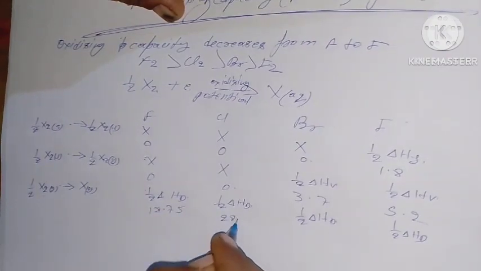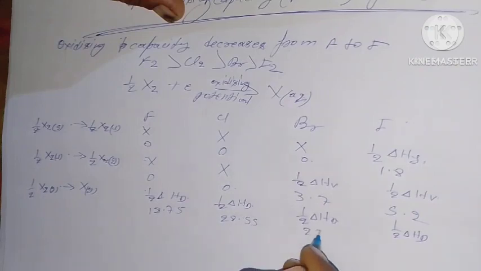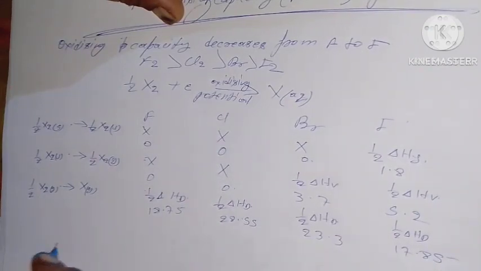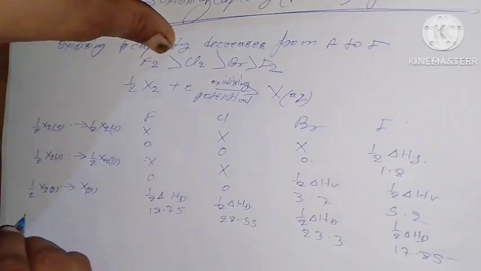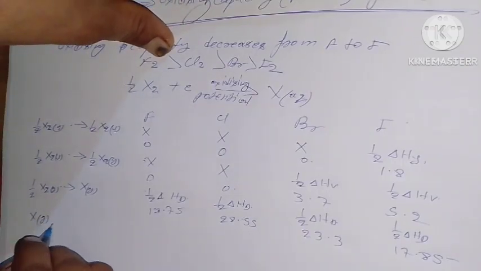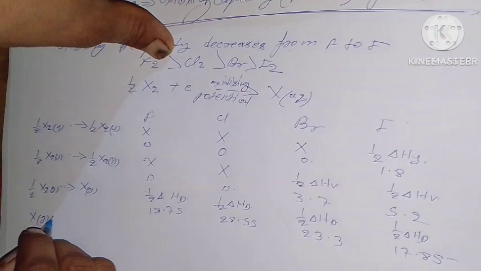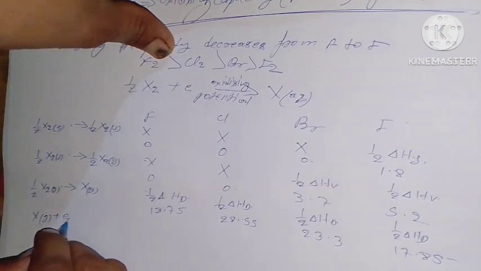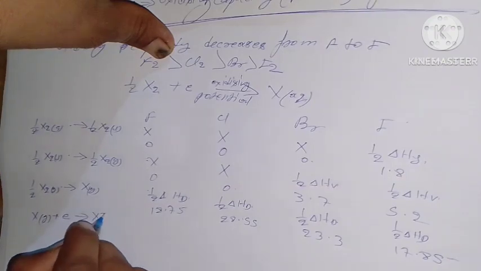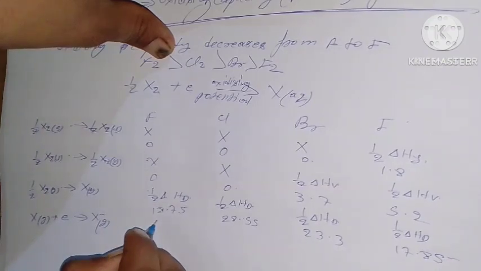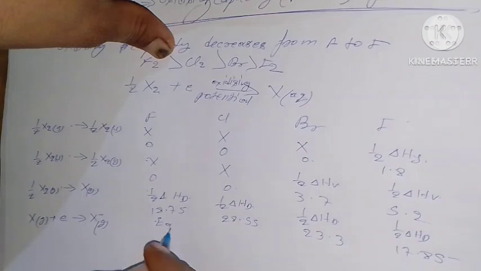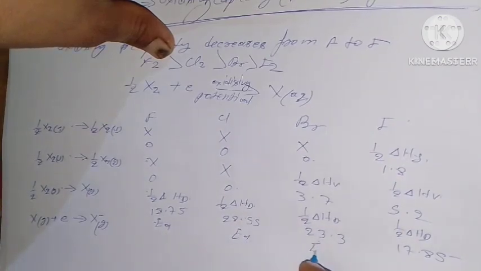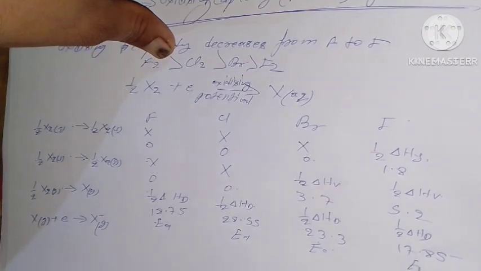The values are 18.75, 28.55, 23.3 and 17.85. Okay, and the gaseous halogen atom is converted into a gaseous negative ion by gaining an electron, X negative gas, and this is the electron affinity EA.